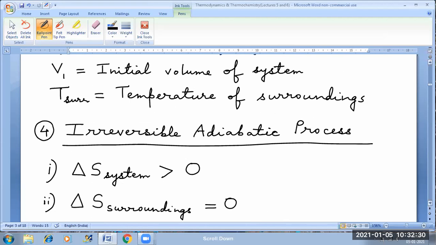For an irreversible adiabatic process, just remember this. We are not going to do the derivation or the proof now; I'll do it someday later. But as of now, just learn that for an irreversible adiabatic process, delta S system is greater than 0, and delta S surroundings is equal to 0.